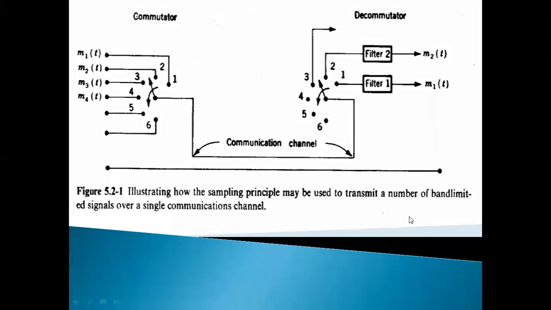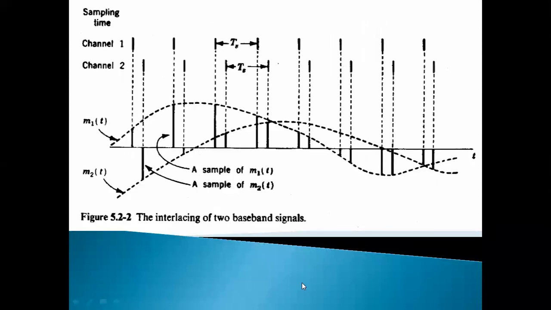Now these are band limited signals on a single communication channel. Now an example. M1 and M2 are the signals. M1 is this signal, the dotted line, and M2 is another signal. When the samples are created, the M1 sample is the first sample, and then the M2 sample.